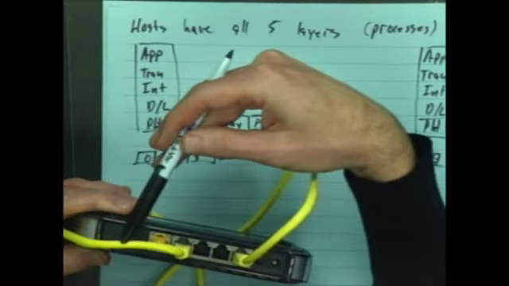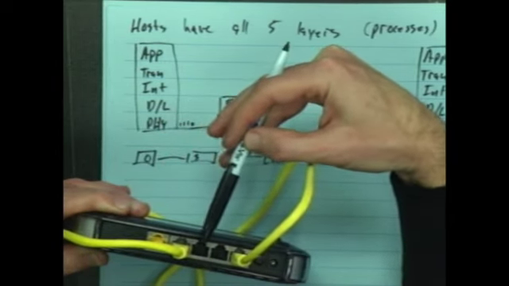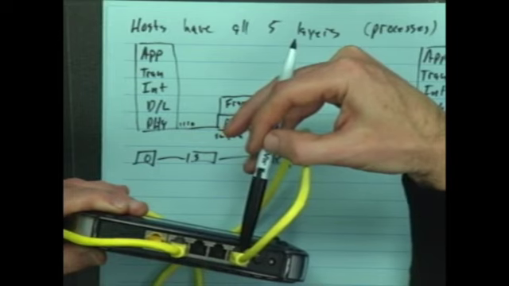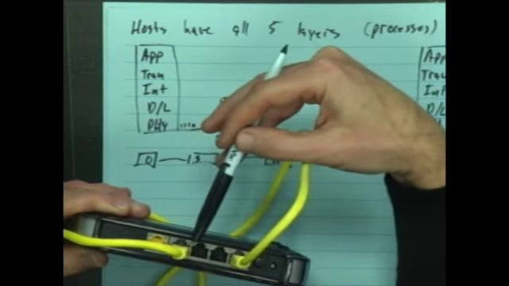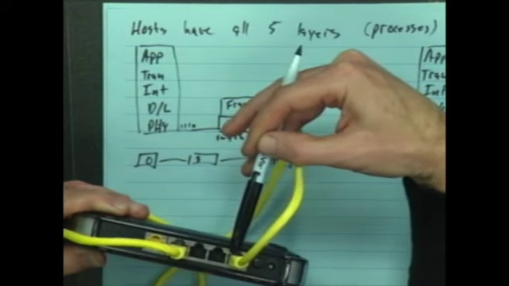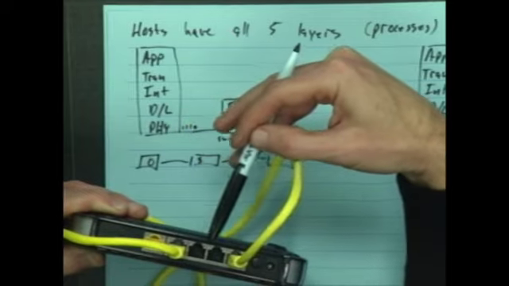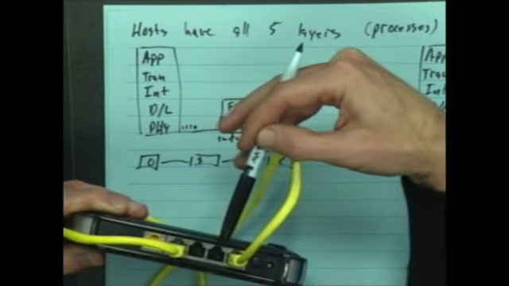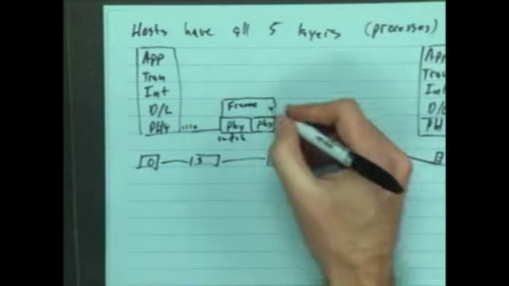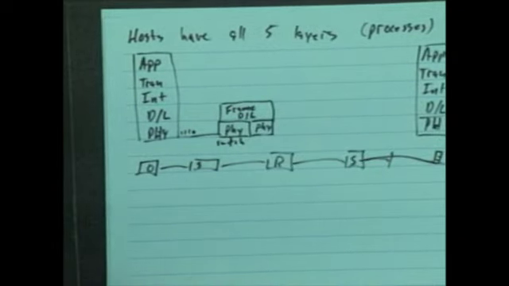So the message comes in port 1. The switch needs to decide which port to send it out. So it needs to look at the frame and see what the address is. We will worry about actually how it works in the Ethernet unit. But it needs to see in the frame what port it is going to go out. So it has a data link layer process in it.